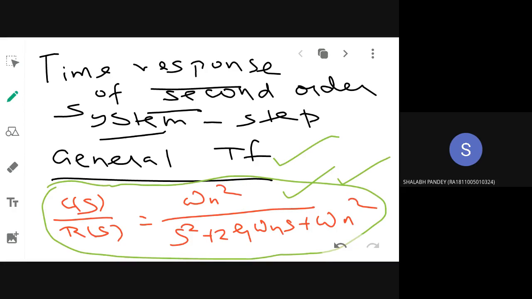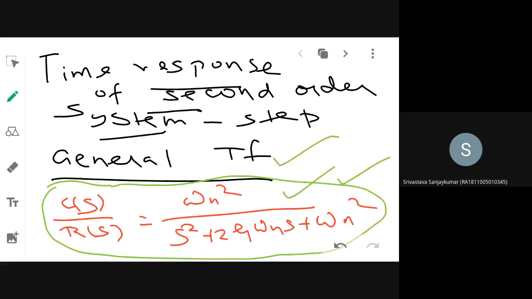The representation given in red color, C of s divided by R of s is equal to omega n squared divided by s squared plus 2 zeta omega n s plus omega n squared.